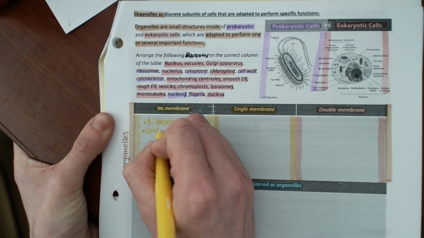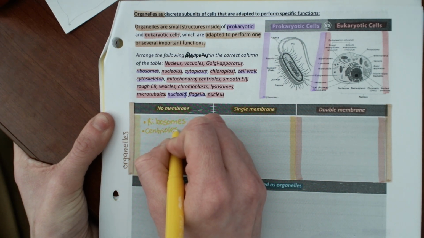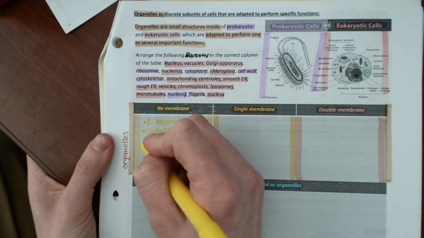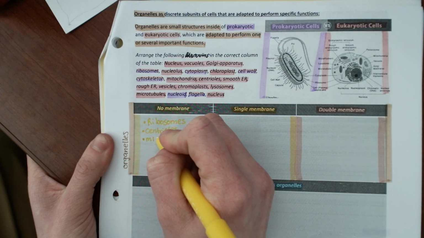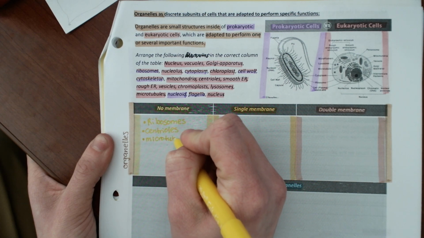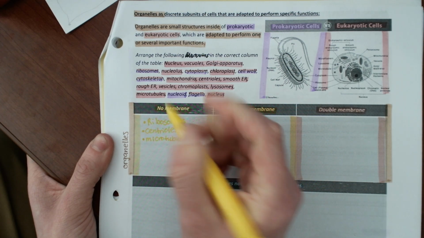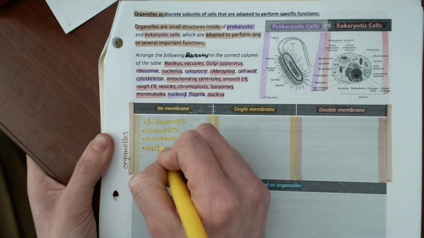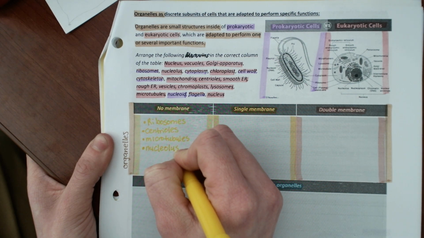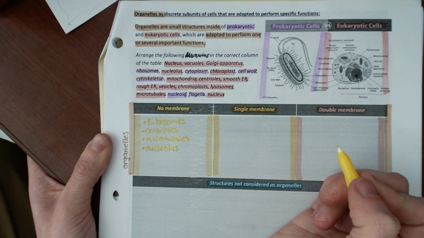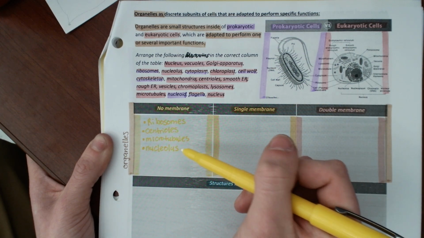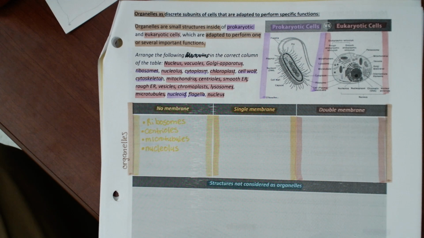Your centrioles, those are like the little pasta-looking ones that do the spindle fibers. Microtubules. And your nucleolus. Your nucleus has a double membrane, but your nucleolus itself, no membrane. It's just loose in the nucleus.